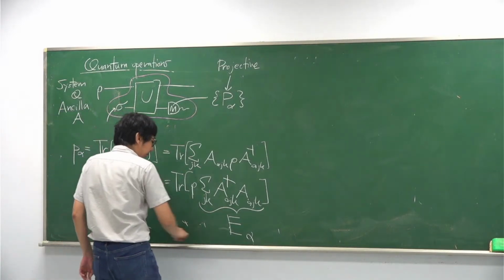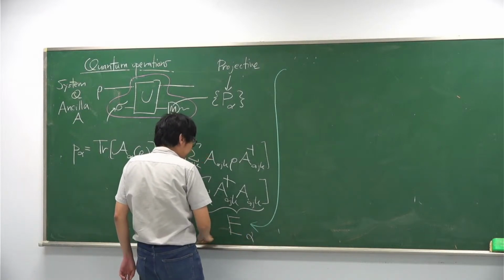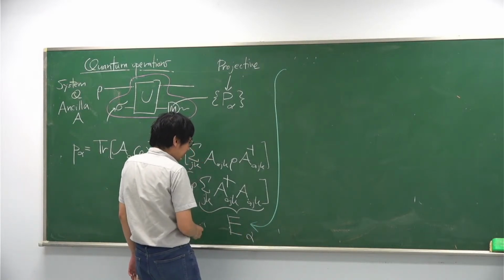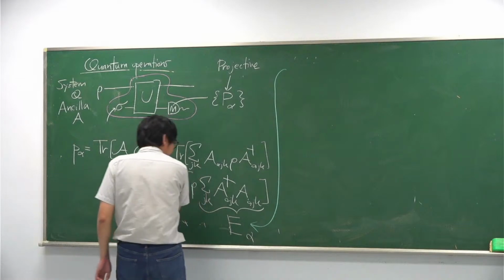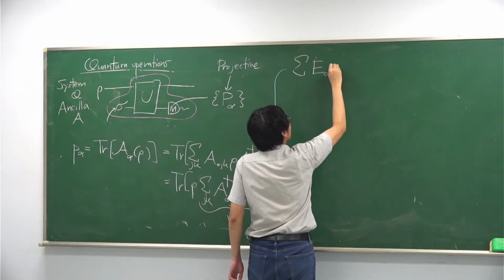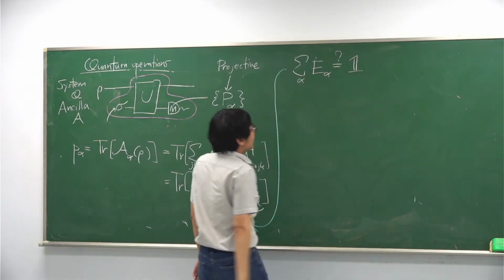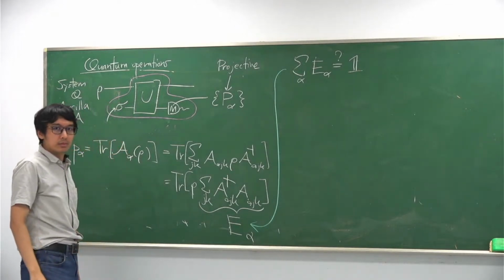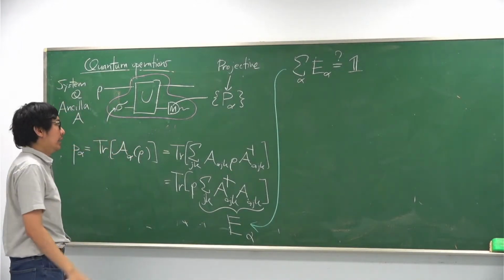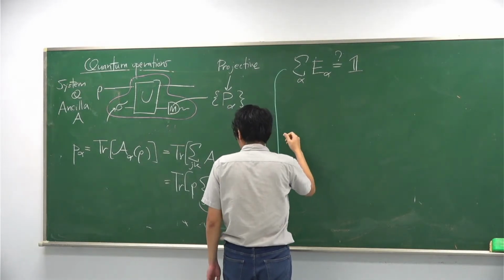Because of this, we know the constraint. We can prove it: does the sum of all these E alpha really give the identity? Let's just calculate it.